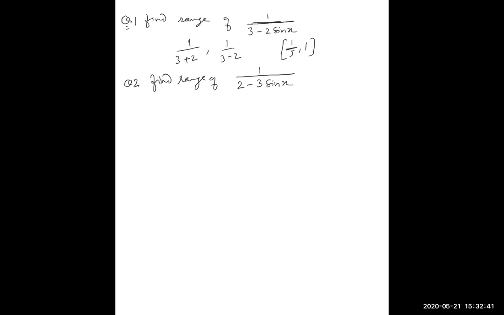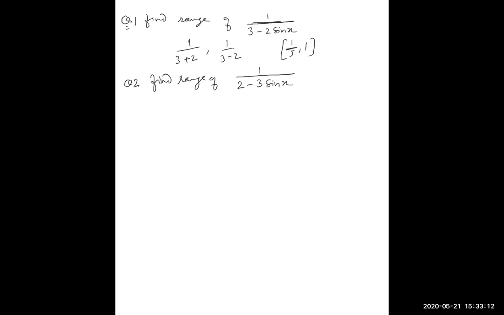Sir, 1/3 to 1. When will you get 1/3? How will you get 1/3? 1/5. No. So -1 to 1/5. That's why I told you to solve very carefully with a lot of attention.